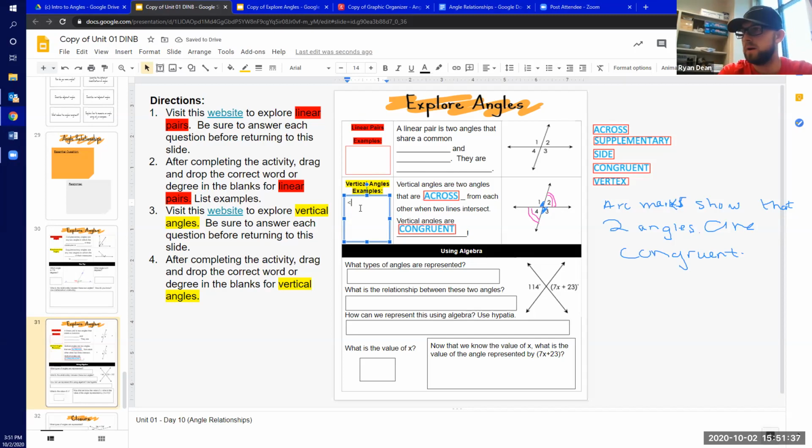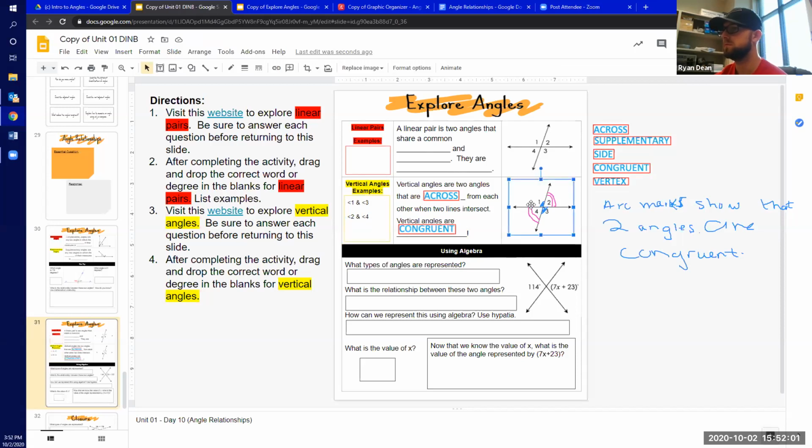That's perfectly fine. Angle 1 and angle 3 is one example, and then we also have angle 2 and angle 4 that are congruent. So that's one definition that we took care of.